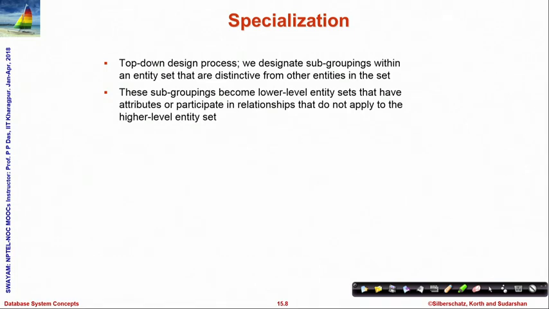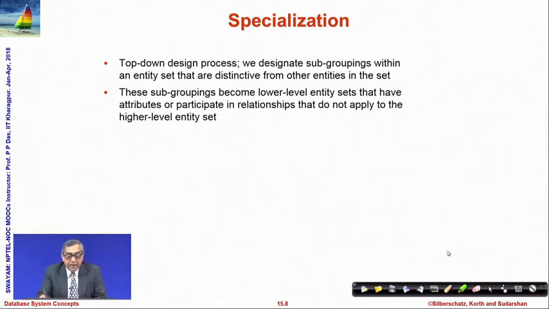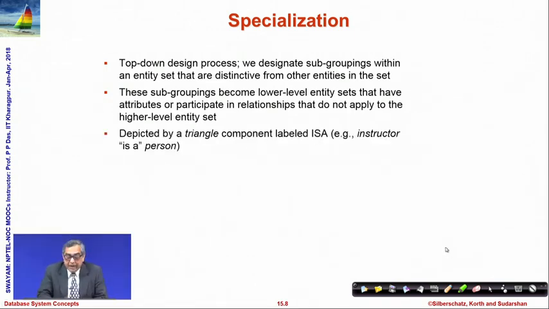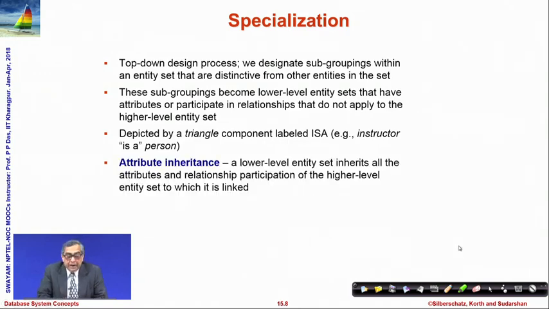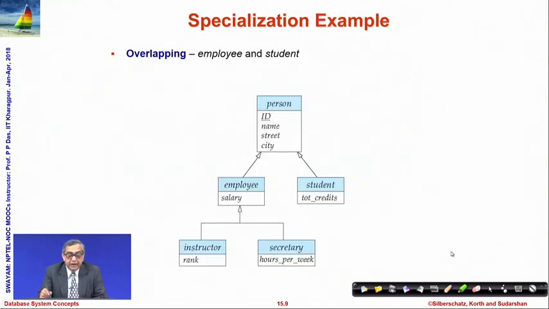So, these subgroups form lower level entity sets, designated in a certain way, and as in object oriented systems, the lower level entity set inherits all the attributes and relationships of participation of the higher level entity set.